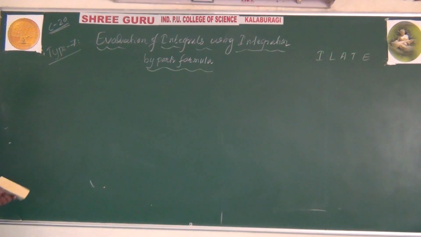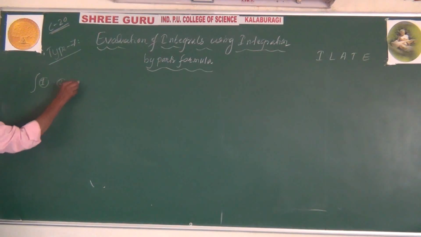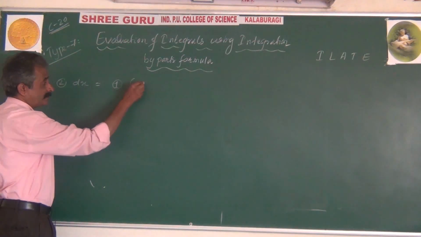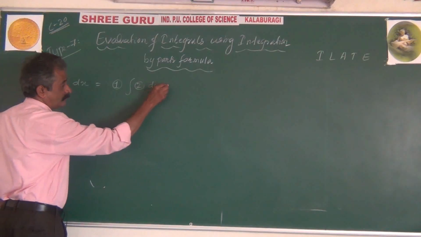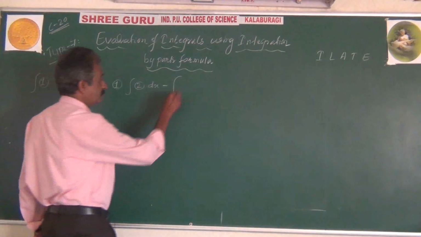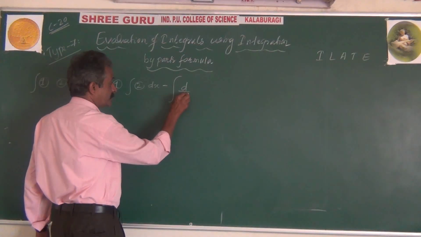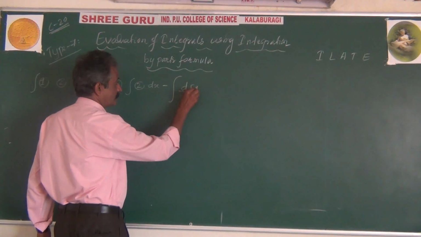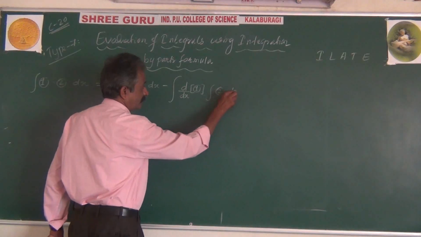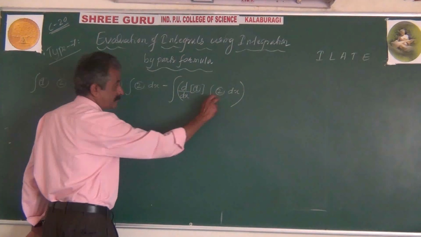Better we write that formula at the top. What does the formula say? Integration of first function into second function equals first function kept as it is into integration of second function, minus integration of differentiation of first function, that is dy dx of first function, multiplied by integration of second function, and all this is to be simplified.